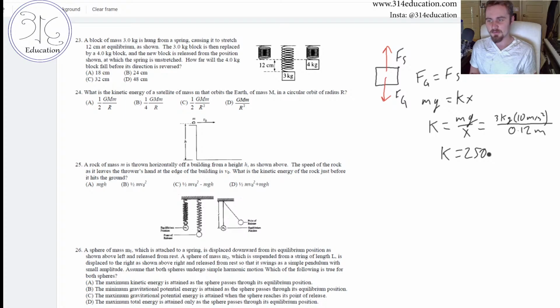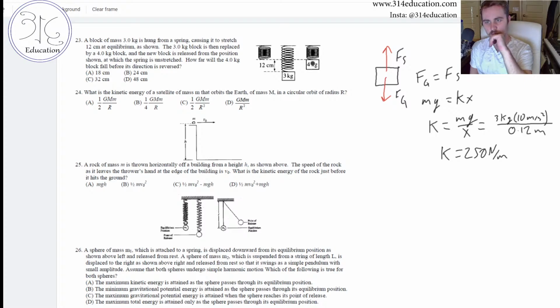So we've got a k value for our spring. This is newtons per meter. We want to find out how far it will fall before its direction is reversed. And so the block will drop to a maximum.